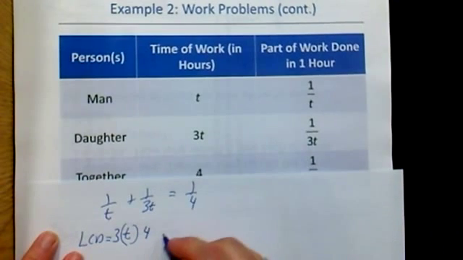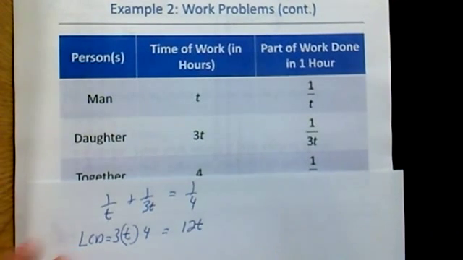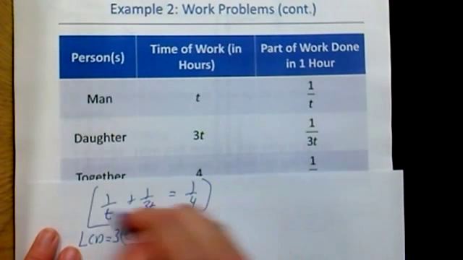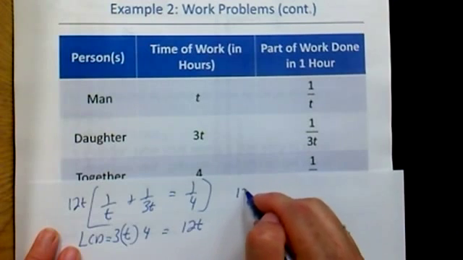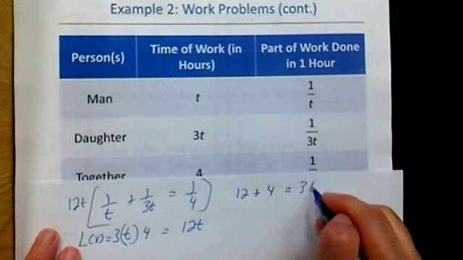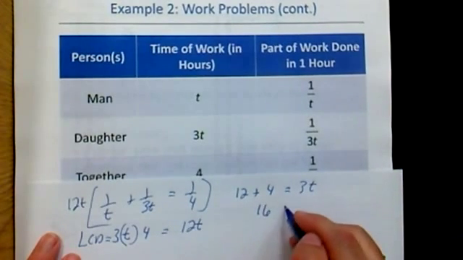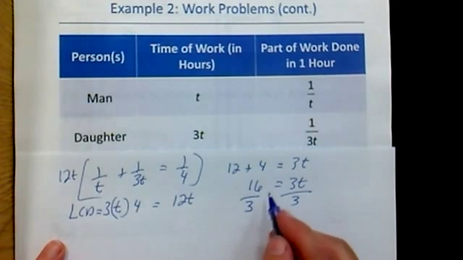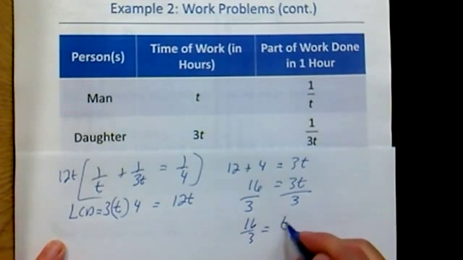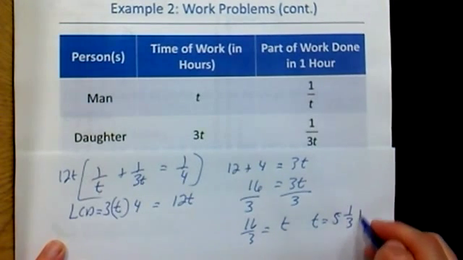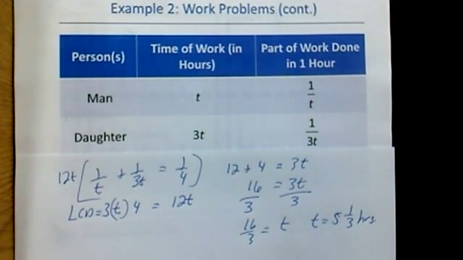And we also know we have a 4, so 12T would be my LCD. Multiply the whole thing by 12T and end up with 12 plus 4 is equal to 3T. Divide by 3 to get T by itself and end up with 16/3 equals T, or T equals 5 1/3 hours is how long it would take to do the job.